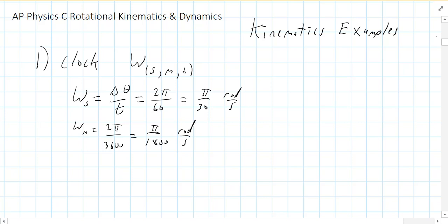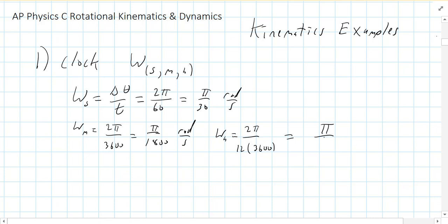And then we have the hour hand. For the hour hand, it does 2 pi. How long does it take the hour hand to go around? Nope, it's not 24 hours, it's 12 hours. So we take 12 times 3,600. And you could reduce this a little bit.